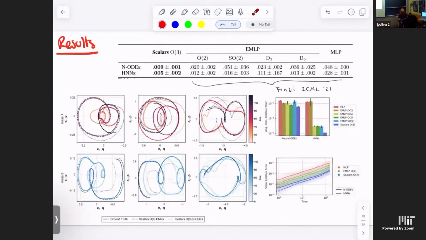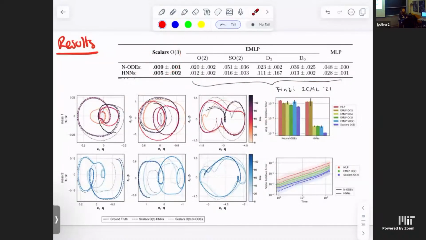And with that, we can show that the more symmetries that you impose, the better performance you have, which makes sense because the actual target is invariant or equivariant. And so these results over here are from a paper by Finzi and collaborators in 2021, and we just added the scalar models here.